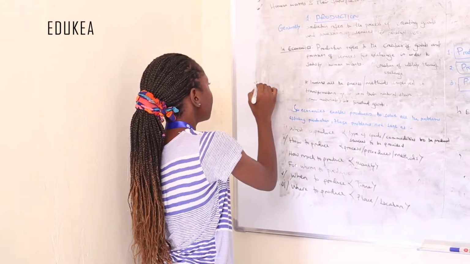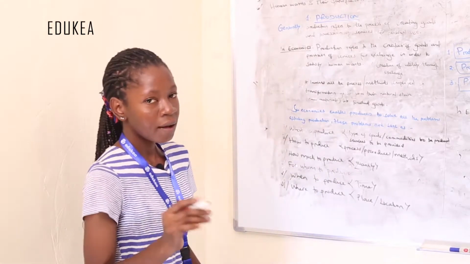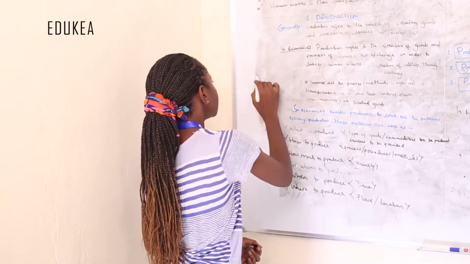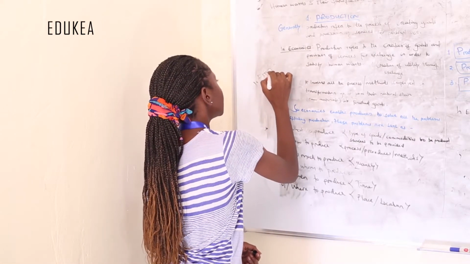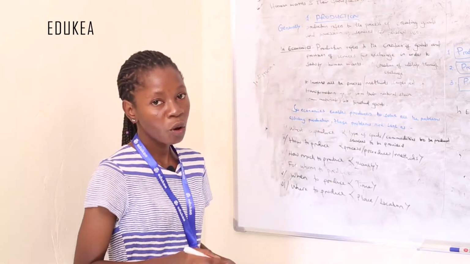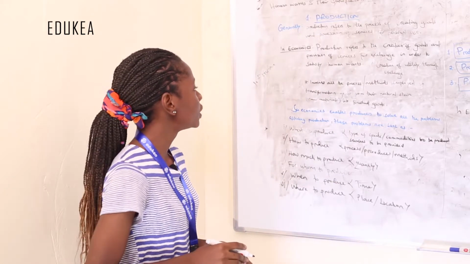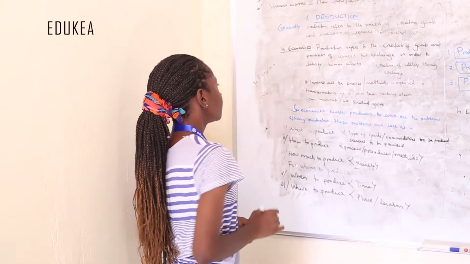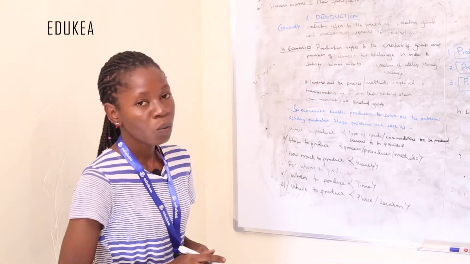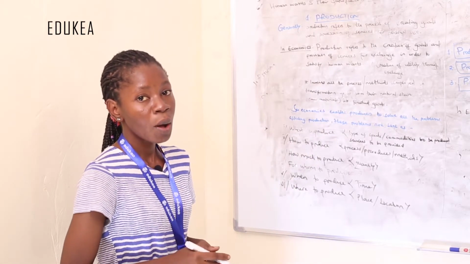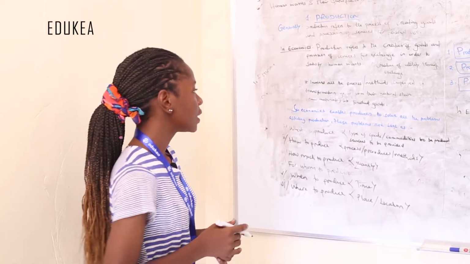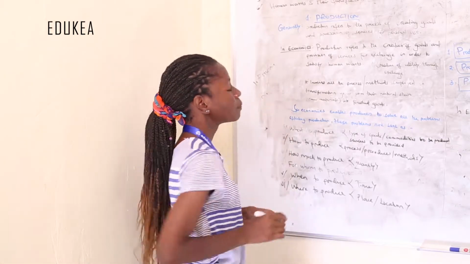Let's say a farmer who deals with producing crops for personal use, and another one is the farmer who produces crops for selling. That's what we say cash crops.